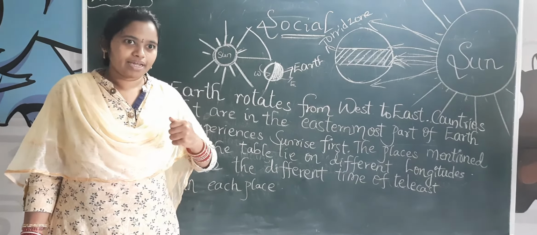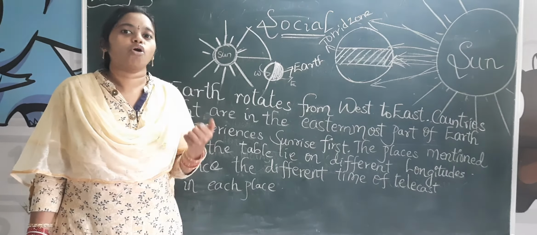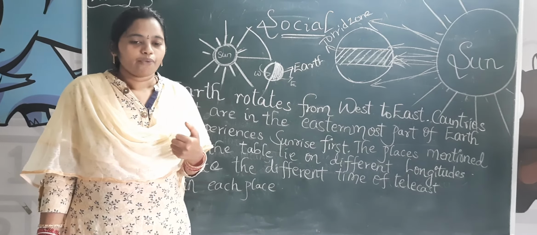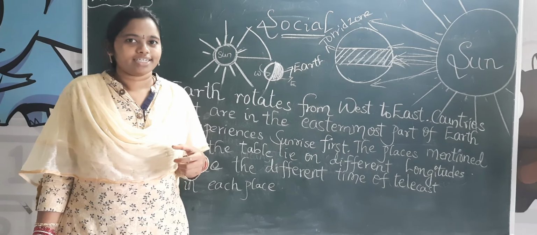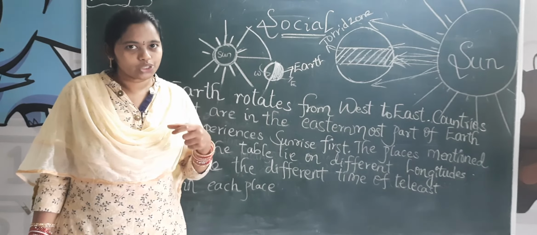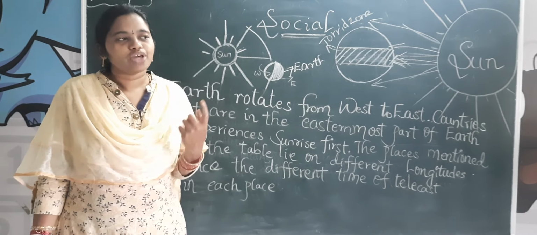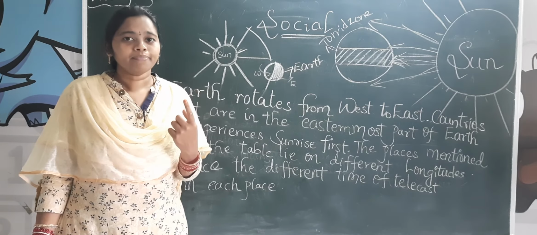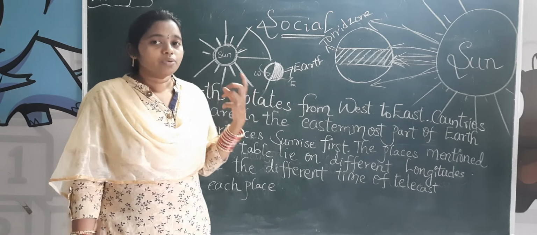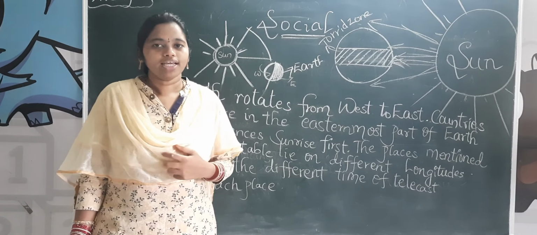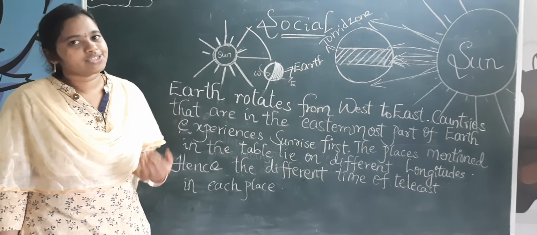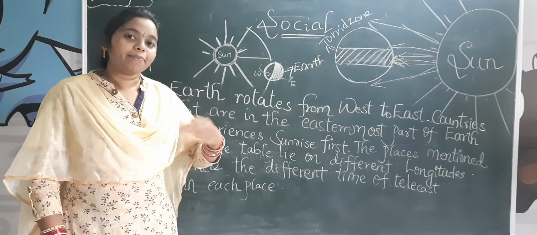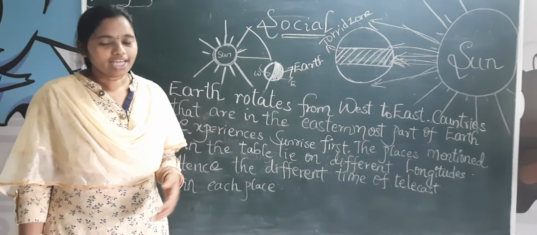Each and every place has different timings because of their longitudes. We calculate the time using the prime meridian. The prime meridian is a longitude, an imaginary line. So this is our topic for today. In the next session, I will tell you the remaining regions. Okay, thank you.